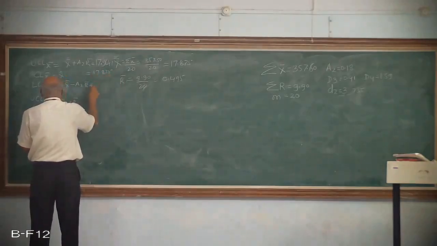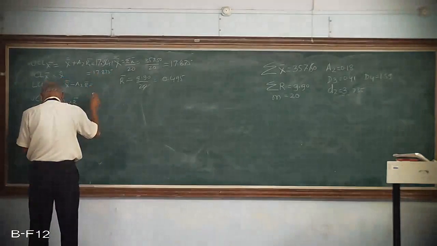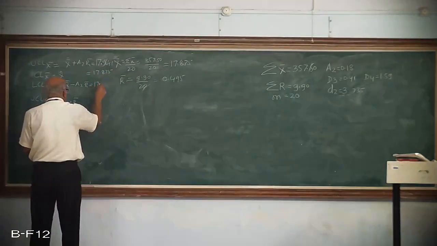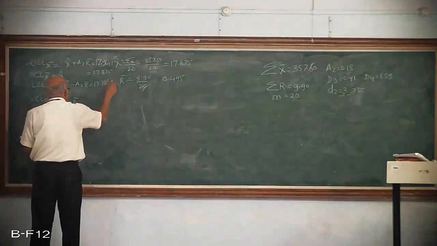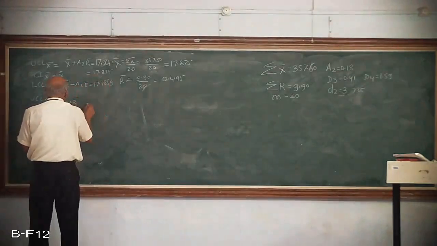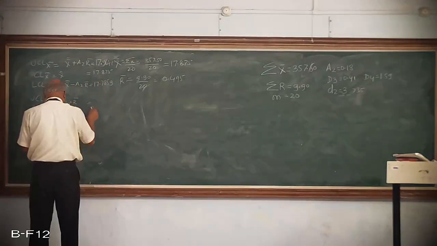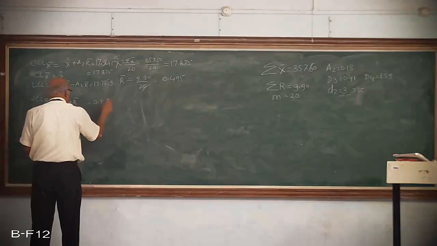And the lower control limit for X bar chart is 17.7859. And the upper control limit for R chart is D4 R bar, that is 0.878705.